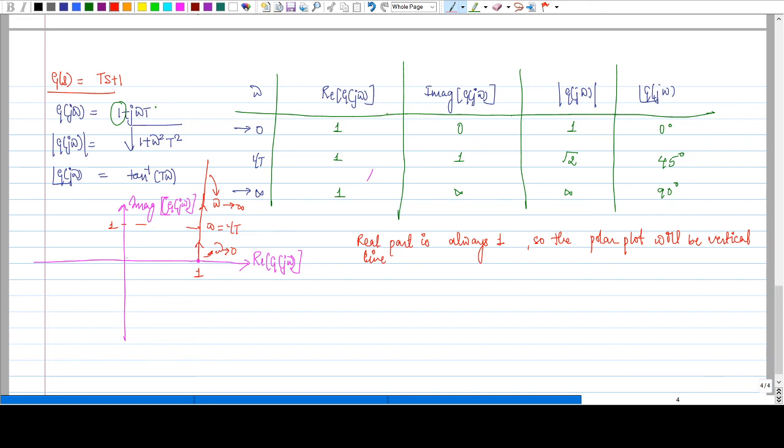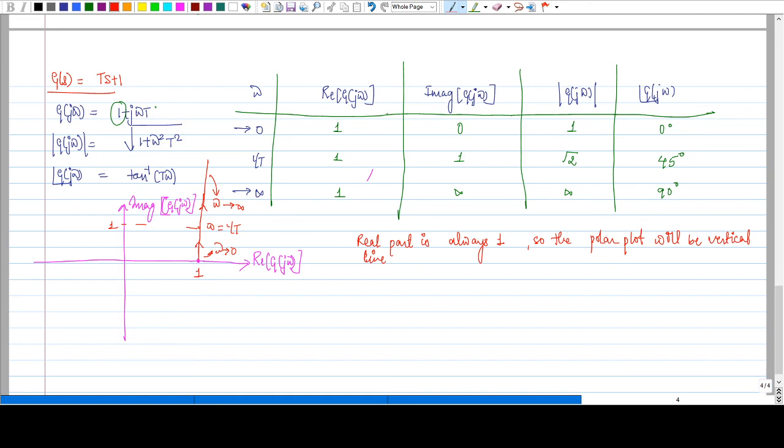At this point it is 45 degrees. Somewhere at infinity, the angle it makes with the real axis will always be 90 degrees, because if you take some point at infinity on the vertical line, it will approximately make 90 degrees with the real axis. That is how the 90 degrees has come.